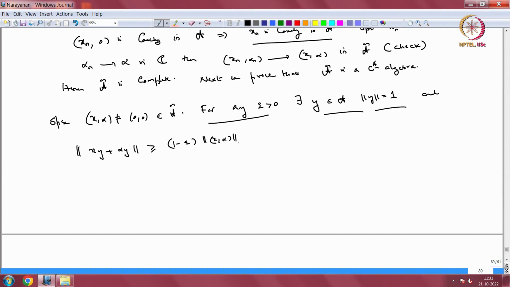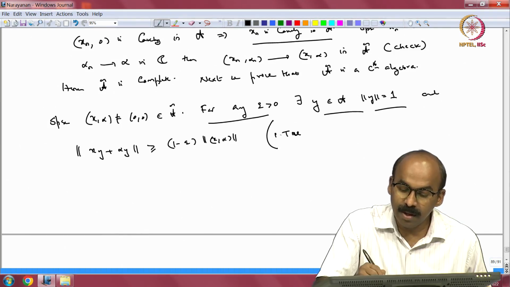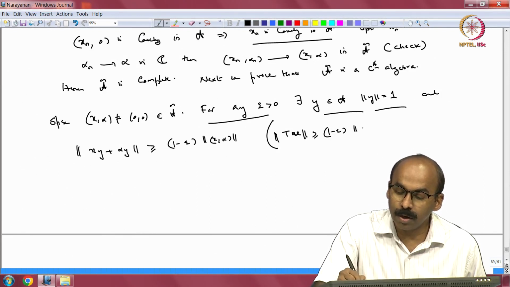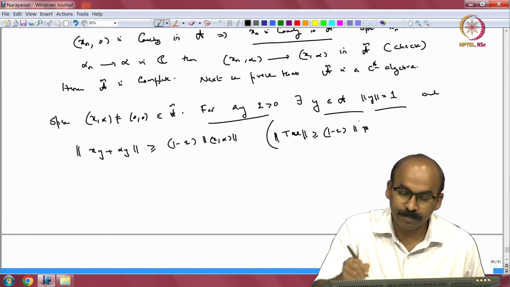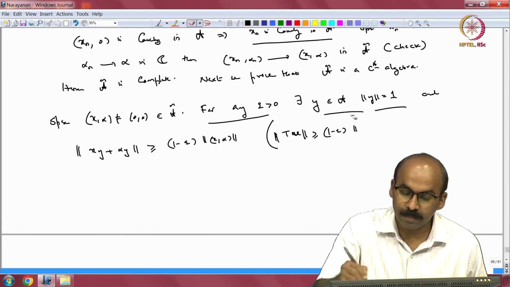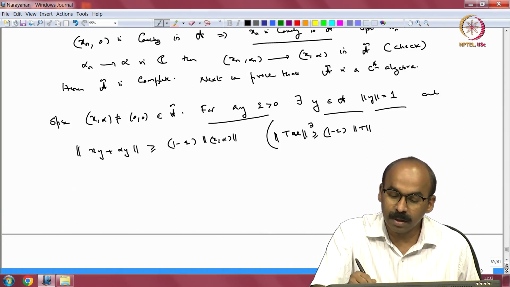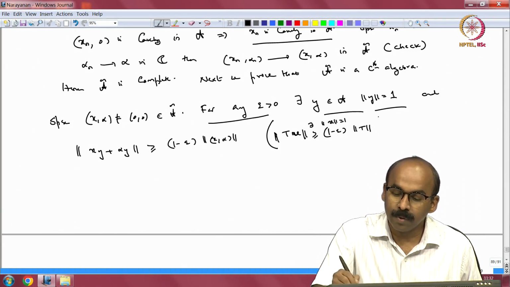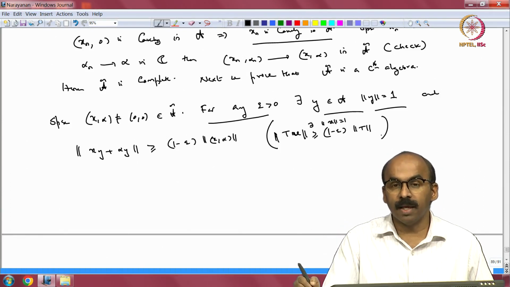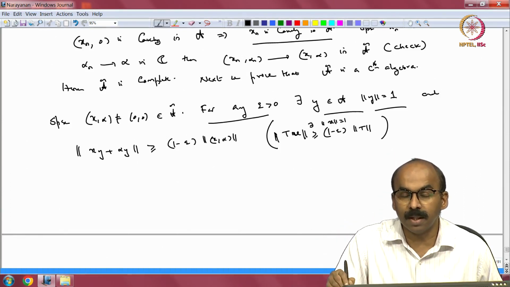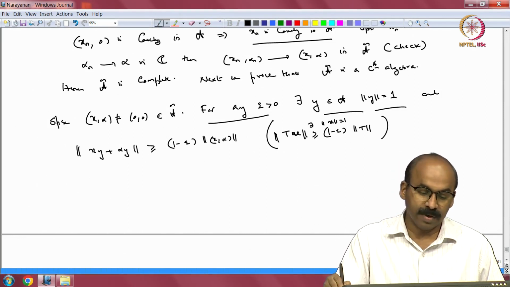This is just like, if you have an operator T, then there exists a vector v such that norm of T v is greater than or equal to 1 minus epsilon times norm T, because the supremum is the norm of T. If I take 1 minus epsilon times norm T, that is less than norm T, and so there is a vector like this.